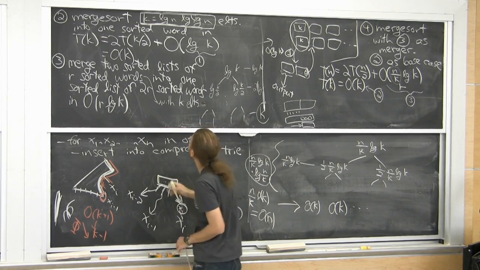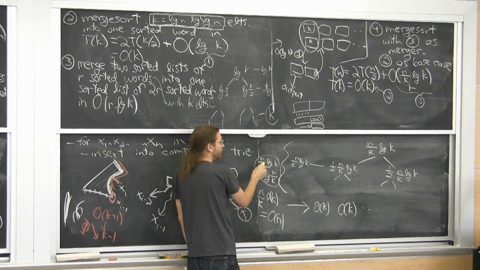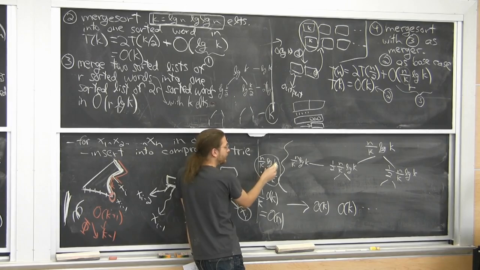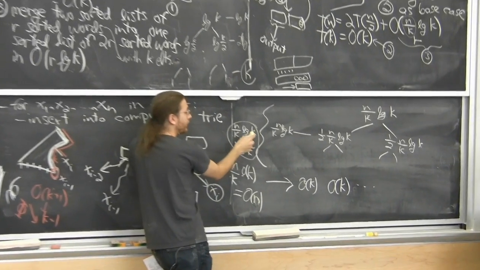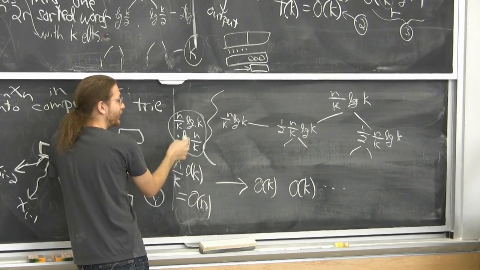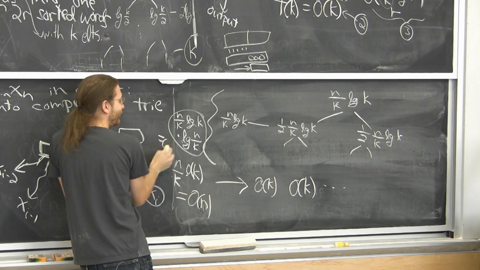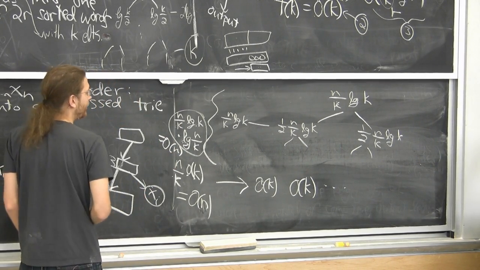Well, what's k? k was log n. So this is n divided by log n, log n. This, therefore, is approximately log n. So that log n cancels with this one. This is approximately log n. So that cancels with this one. So this is order n. That's why we chose these values.